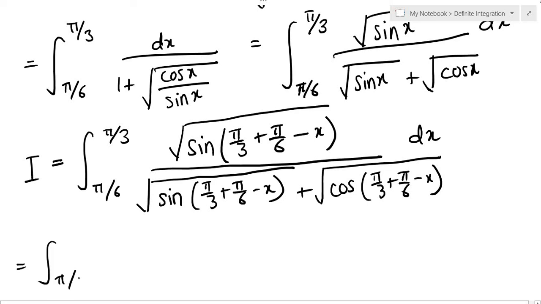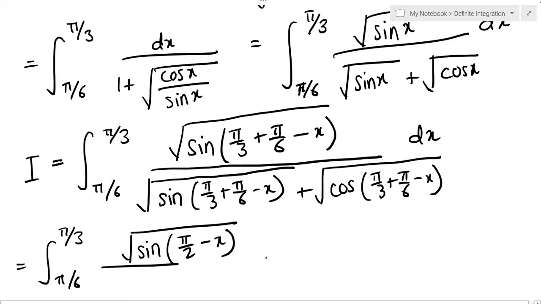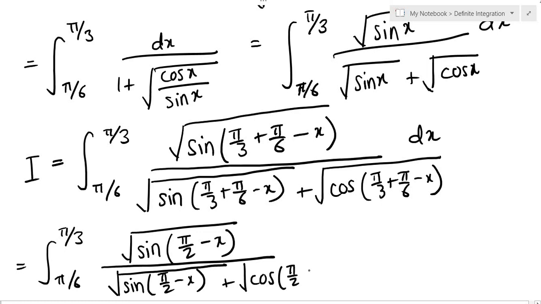And now I'm going to actually clean up the argument part of the integrand. So I have the square root of sine of pi by 3 plus pi by 6. So 30 and 60 degrees is 90 degrees, which is pi by 2 radians, minus x, all over the sine of pi by 2 minus x plus the cosine of pi by 2 minus x, integrated with respect to x.